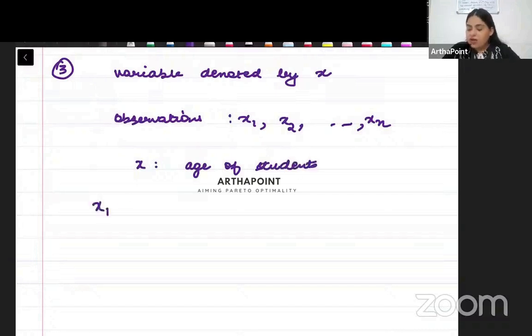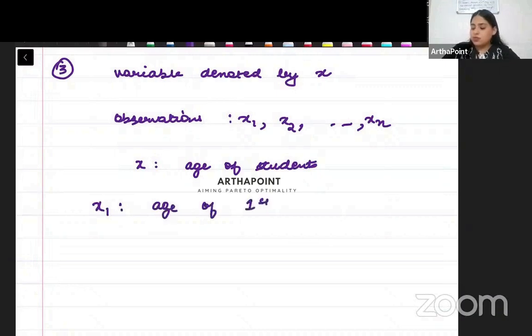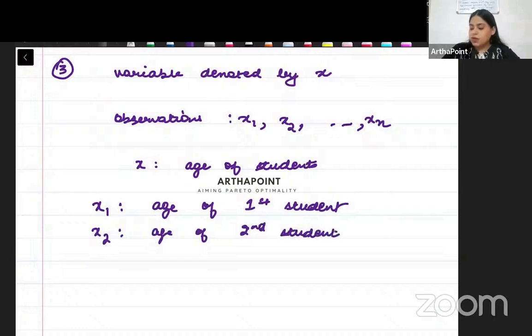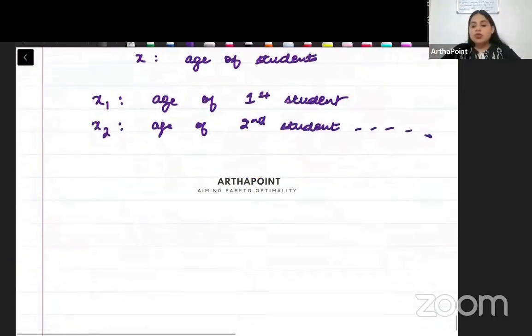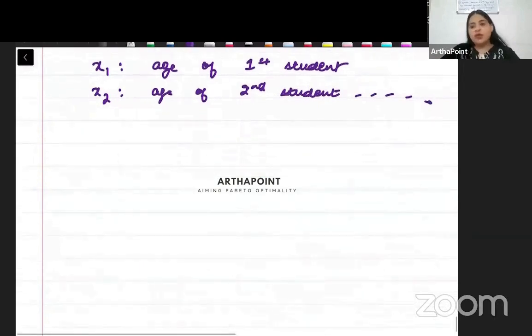So x1 represents age of first student. x2 represents age of second student. And so on. So you represent x1, x2 till xn as the ages of the different students. I hope this is clear.